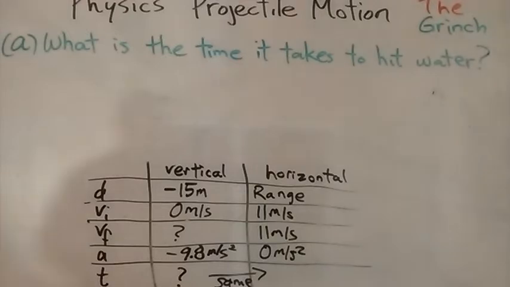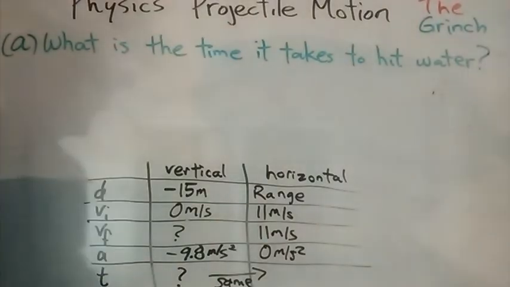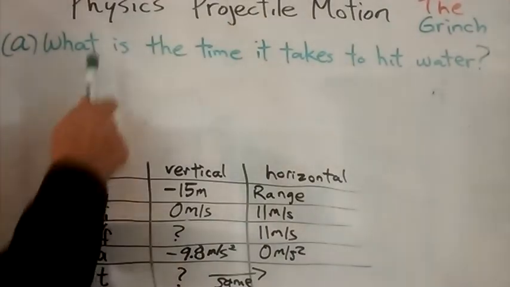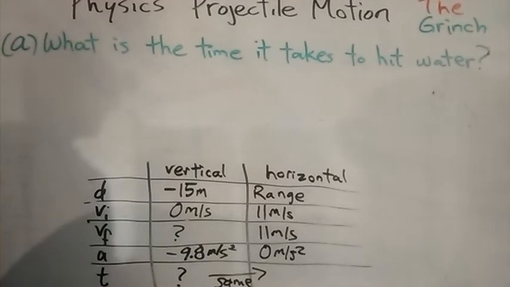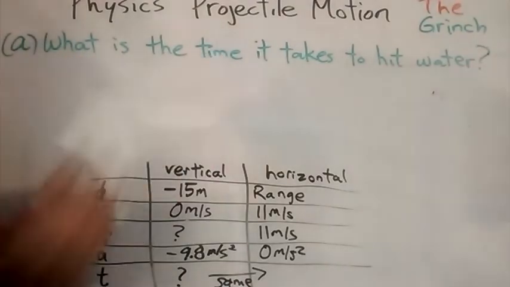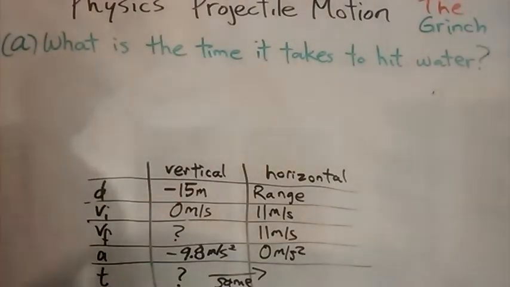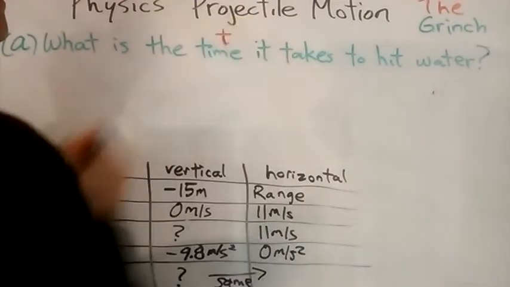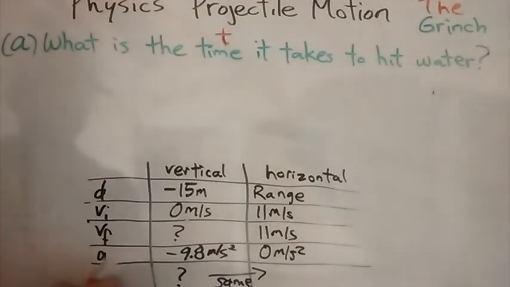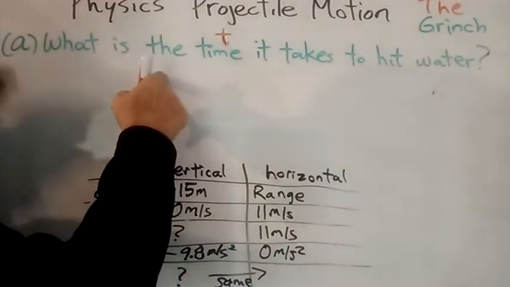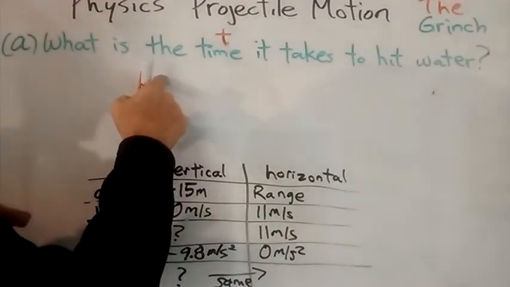The first question that they would ask, or at least one of at least 4 questions they would ask, is how much time does it take to hit the water? So how much time was that sled in the air before it hit the water? So we've got t that we're looking for. And gravity's causing it to fall.